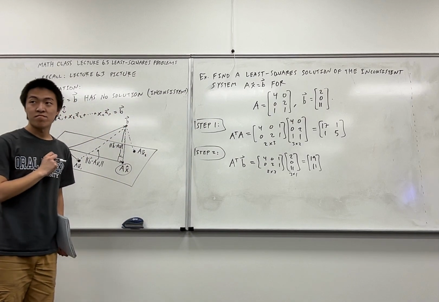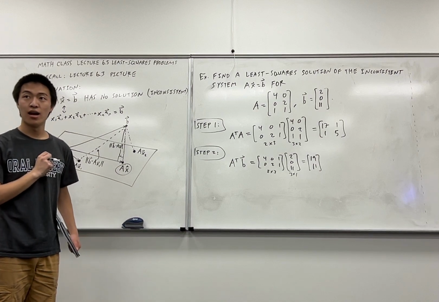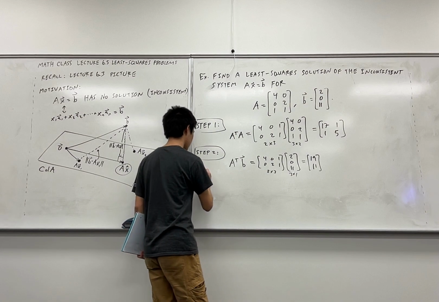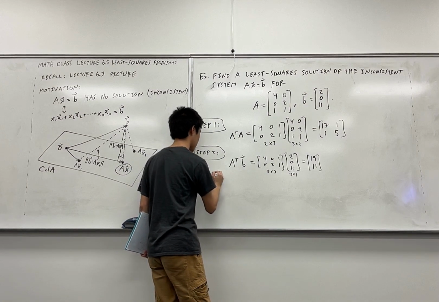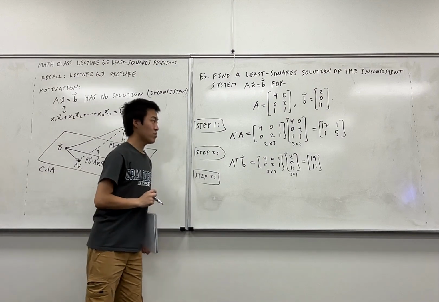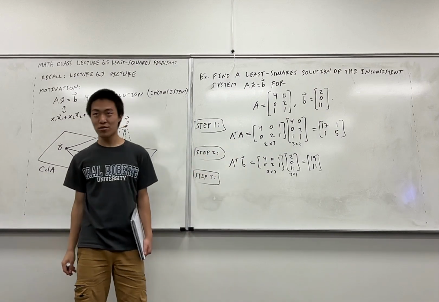Let's see. Axel, what's the formula? A transpose times A times the vector x equals A transpose times the vector b. Okay, cool. So we kind of have the important parts of this thing.